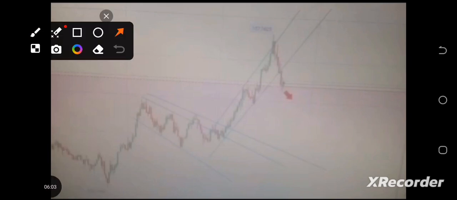It may reverse to this level. It can reverse from anywhere. It may reverse to this level and push. It may reverse to this level and here. So the market can take reversal from any of these levels, from here, from here, or maybe here.